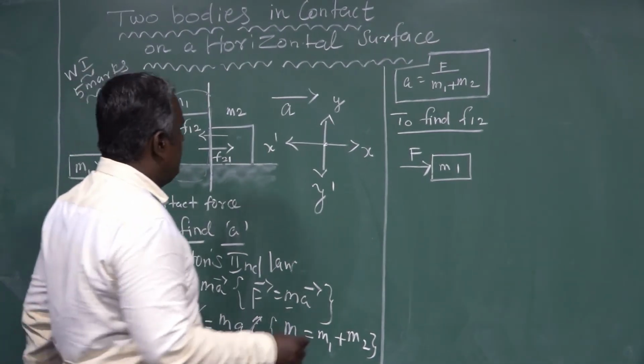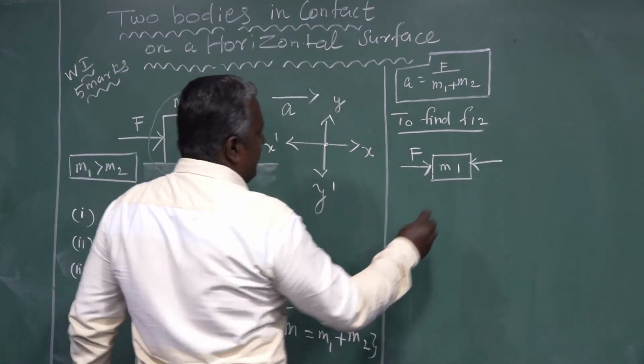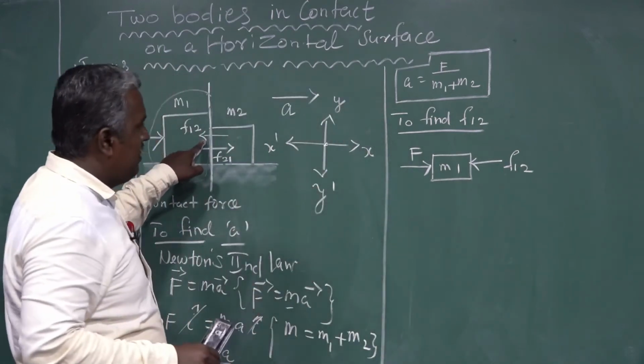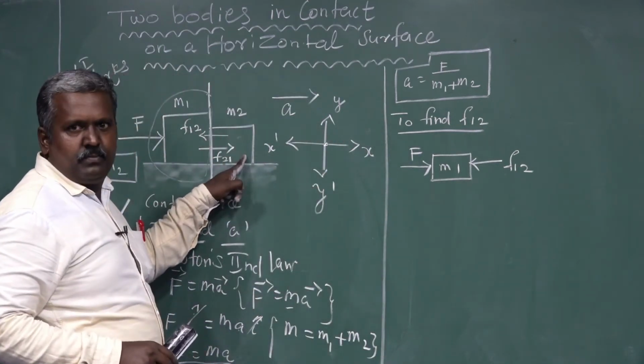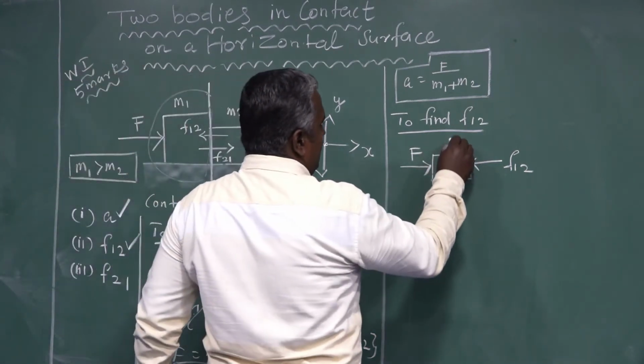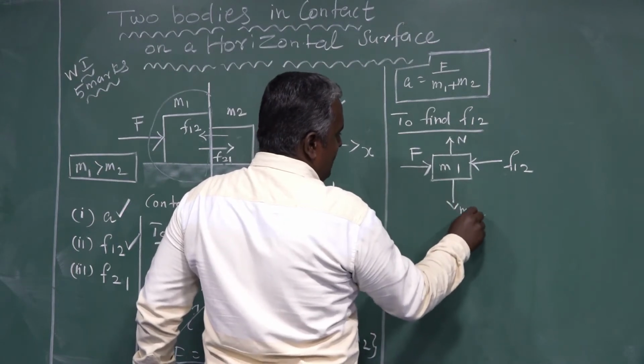At the same time F12 is acting on M1 by M2, and also the normal force and the gravitational force M1g.